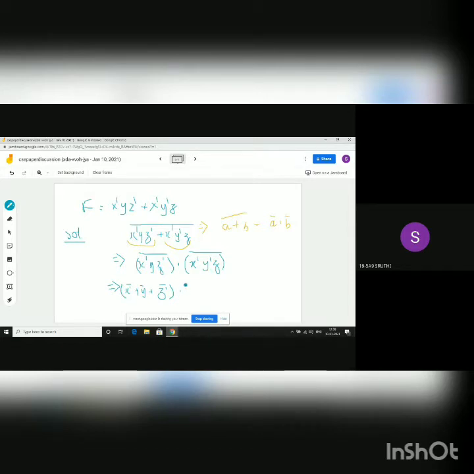And now into, applying the similar rule here, we have (x complement)'s whole complement, plus (y complement)'s whole complement, plus z complement.